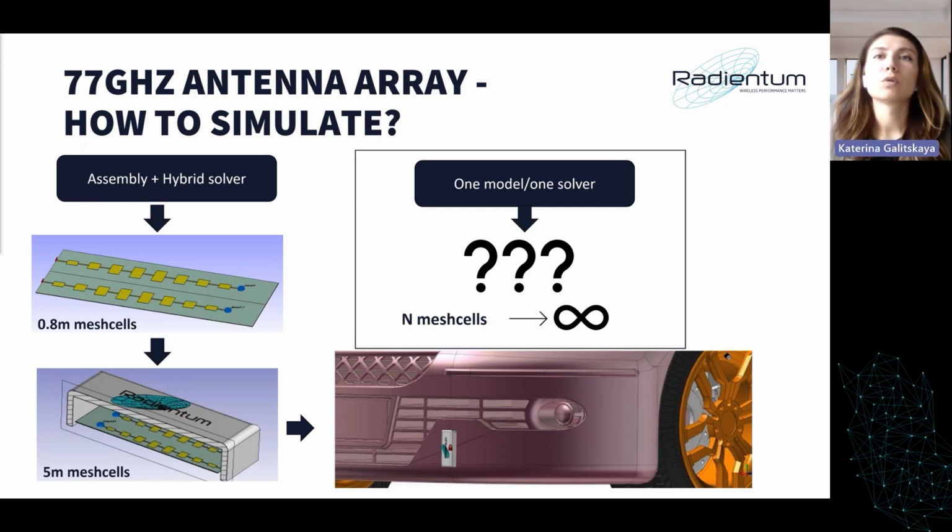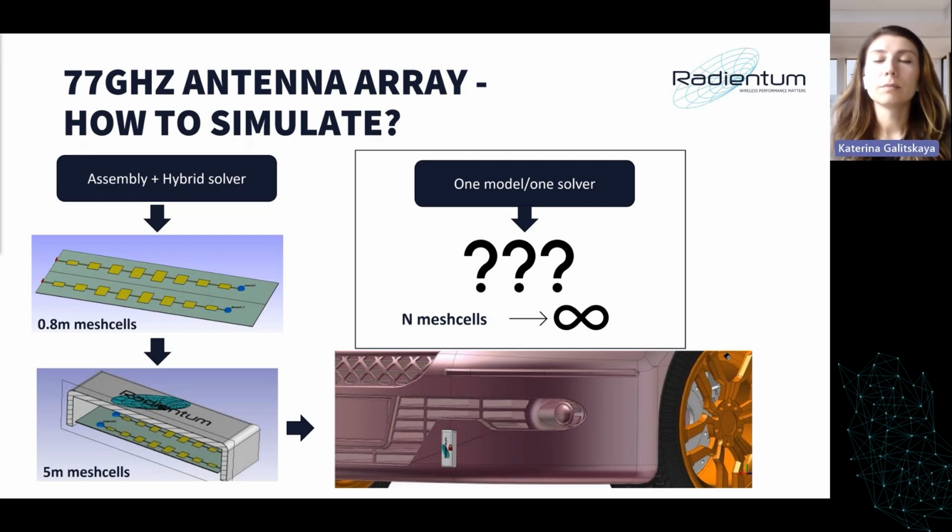Luckily, for example, as shown here, for a front bumper radar, you don't usually need the whole car. You just need some front part of the car, but it's still a very huge structure compared to the size of the antenna at this frequency.